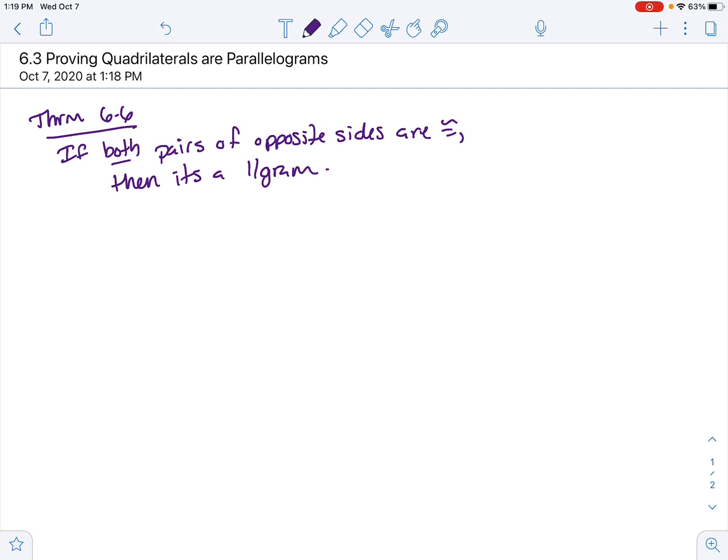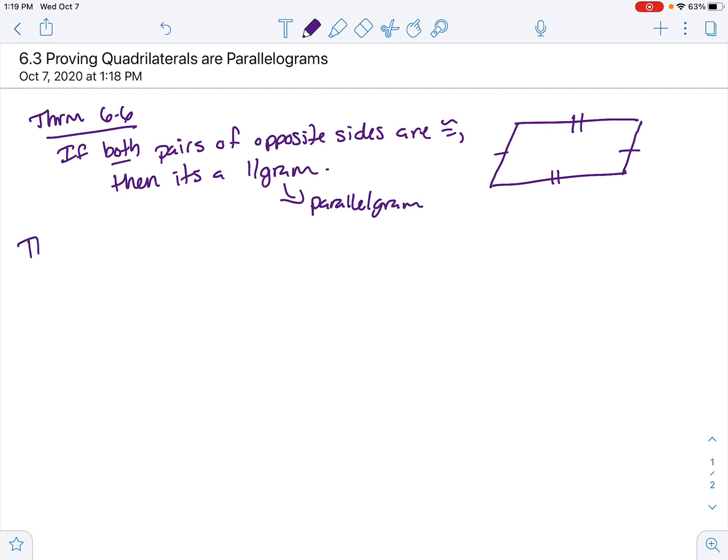Okay, so we're talking quadrilaterals. So if we have a quadrilateral, which is a four-sided figure, and this four-sided figure has opposite sides that are congruent, then we can say it's a parallelogram. Remember, the parallel symbol with gram is parallelogram. That's how I shorthand it.